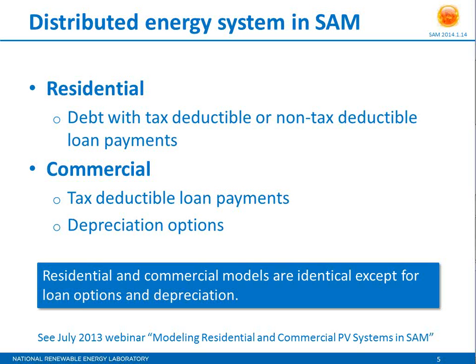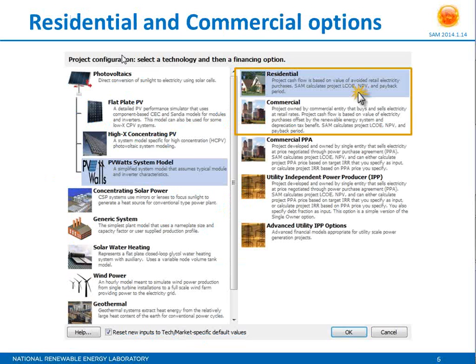The two financial models are mathematically identical. There's just a couple of differences in the options for how you model debt and taxes that differentiate the two models. We did a webinar back in 2013 where we talk more about the residential and commercial models, so you can refer to that webinar recording to learn more about those models.